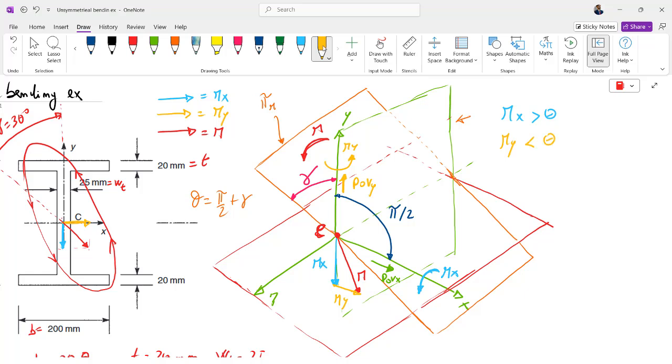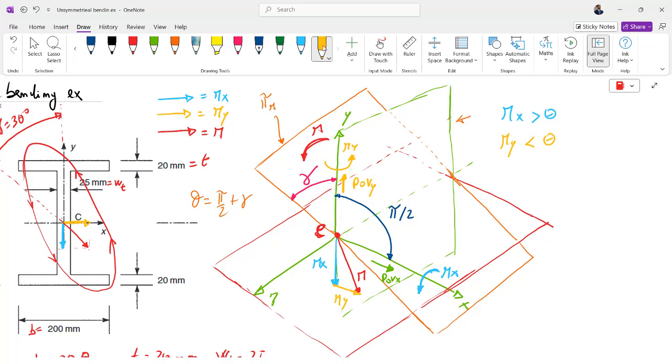The other convention that we have studied in the previous lectures is such that the moment My tends to bend the left side of the beam. If you see this 3D plot, clearly you are now seeing only the axes y, z, and x.